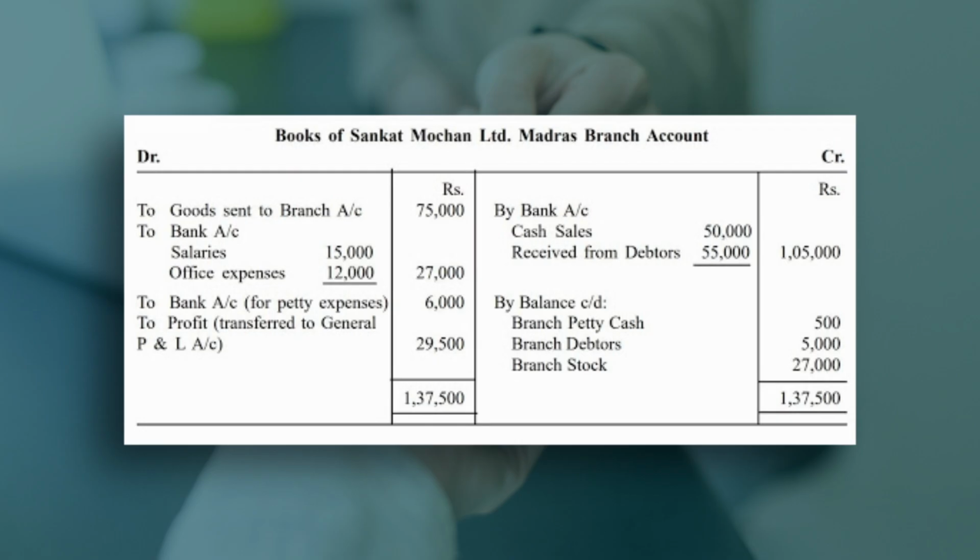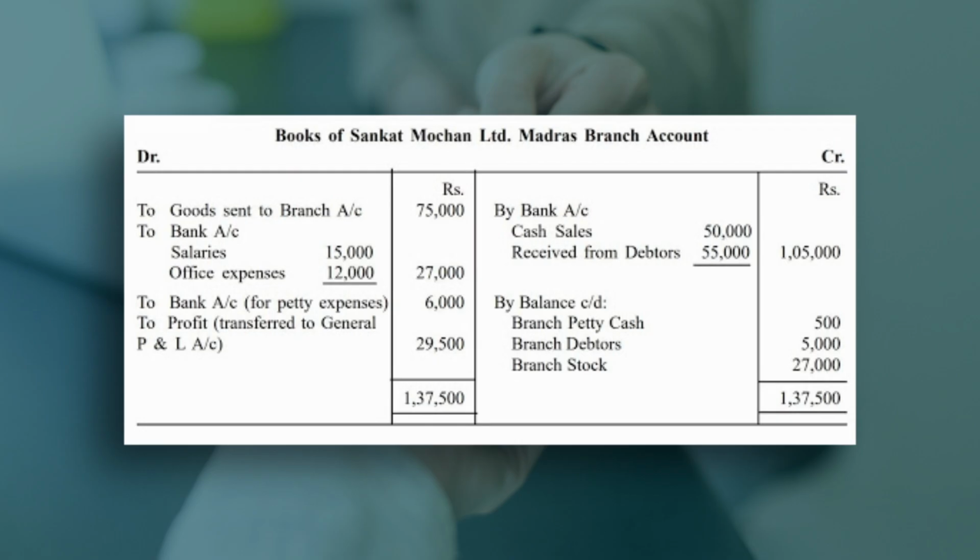So, this is by balance carried down. This is the closing balance of petty cash 500, branch debtors 5,000, branch stock 27,000. We can check the closing balances.